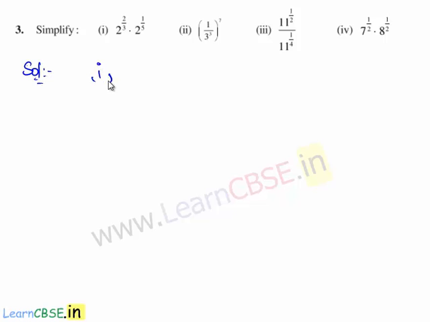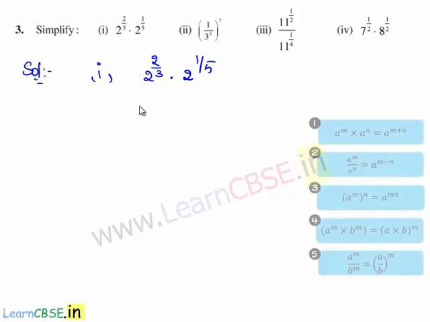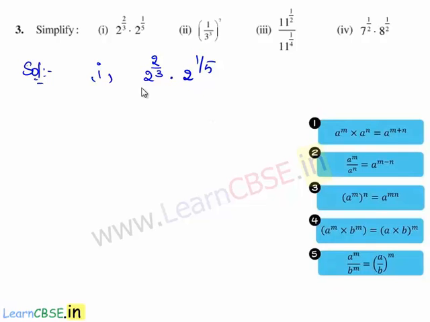So the first bit is simplify 2 raised to the power of 2 by 3 times 2 raised to the power of 1 by 5. As we know, when we are multiplying two exponents with like bases, we can directly add their powers. That is, a power m times a power n can be written as a power m plus n.